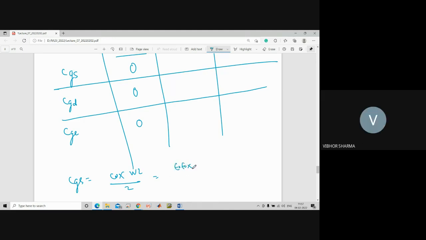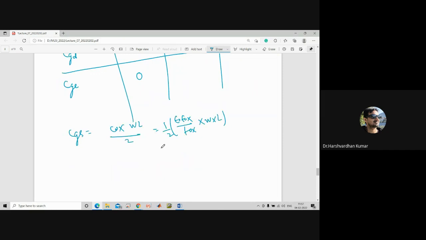Epsilon ox upon tox, multiplied by W into L multiplied by half. So calculate here. If you have a calculator, then you can calculate. The total will be 0.78 into 10 power minus 9.